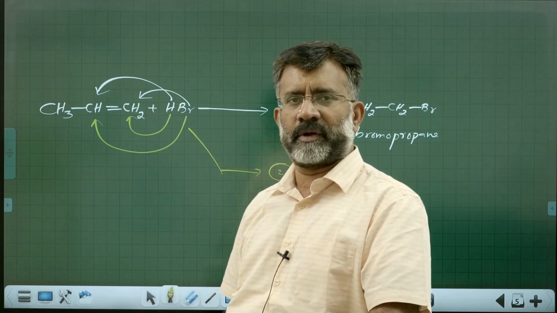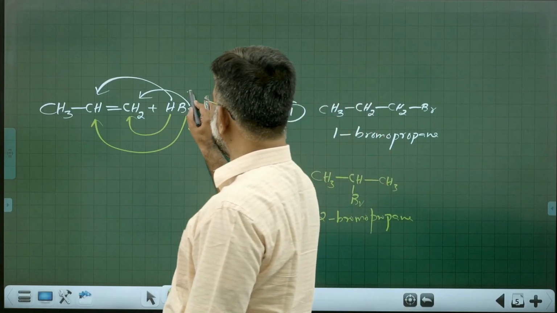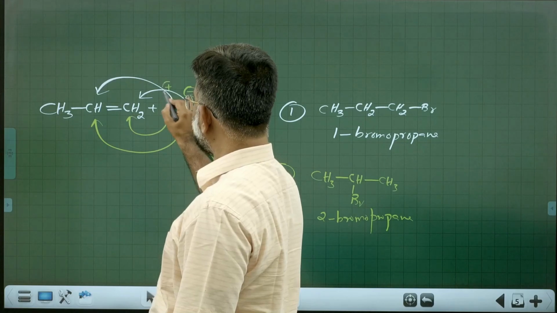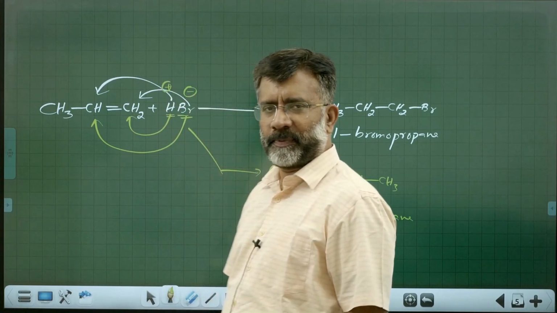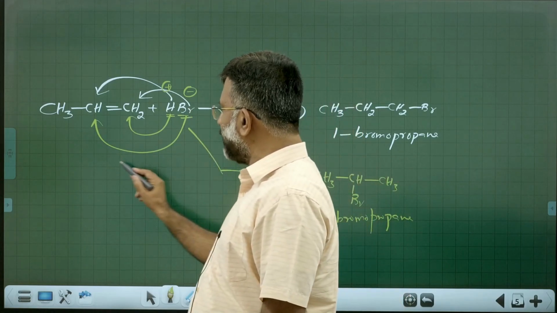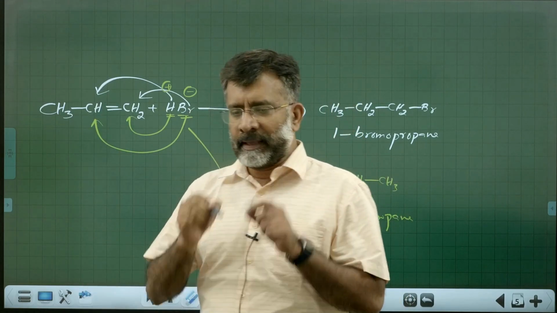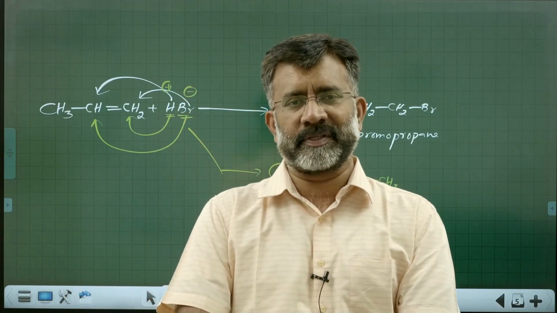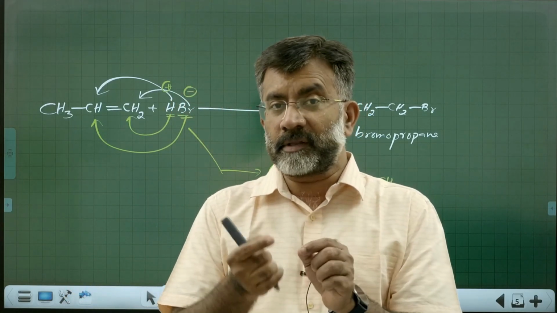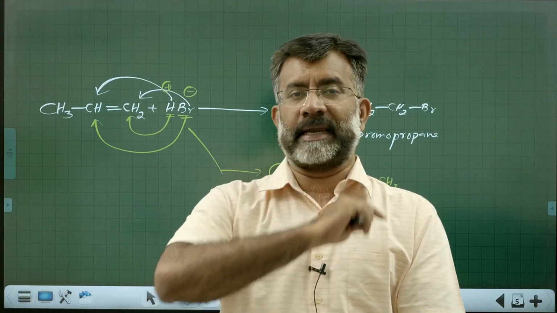According to Markovnikov's rule, this is the positive part and this is the negative part of the addendum. The negative part of the addendum is predominantly connected to the carbon containing less number of hydrogen atoms, that we learn in the 11th standard topic, including the cause of such an attack.